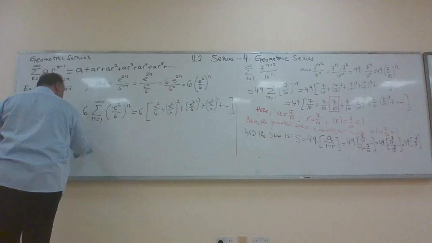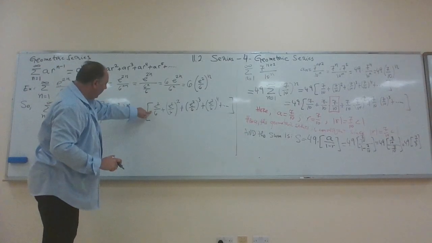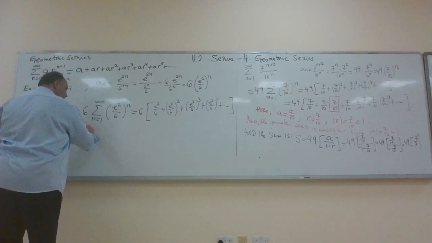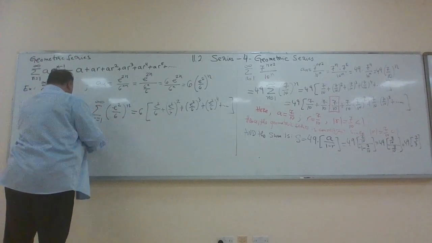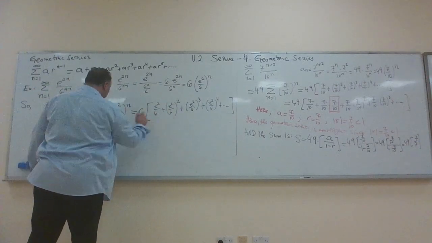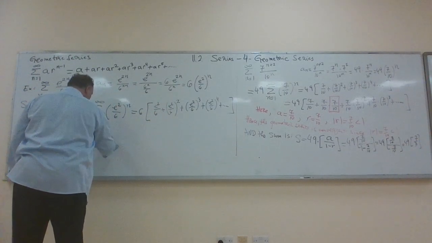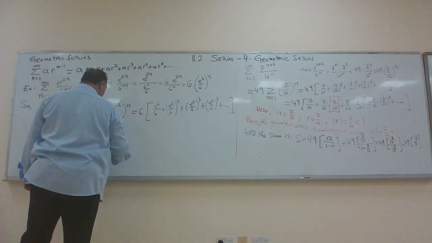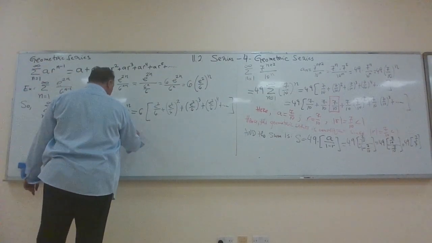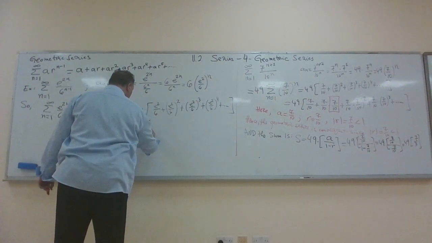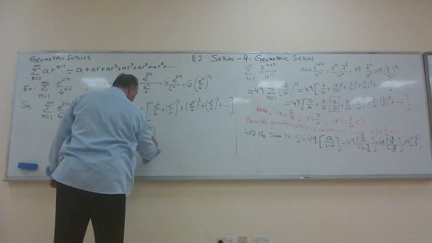Equals 6. My first term a, here I need to factor it also, so that way I'll get r with it. So I have e^2 over 6 plus, so this guy here is e^2 over 6 times e^2 over 6, plus e^2 over 6 times, for the cube now it's here squared.